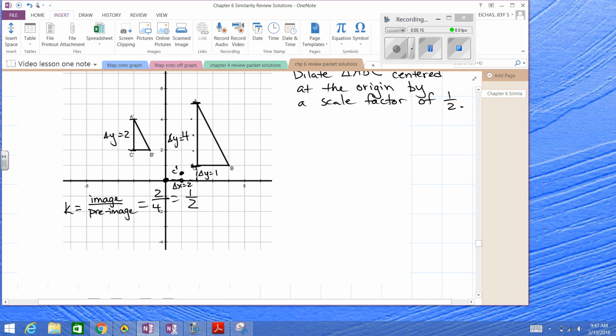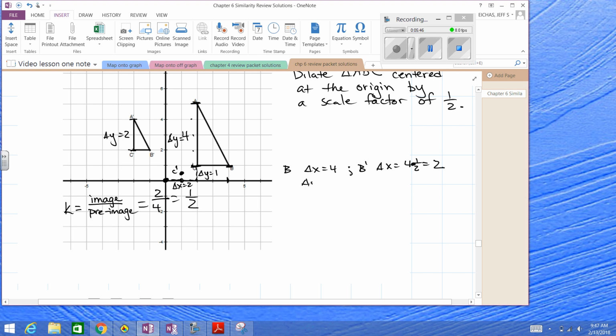Not great, but we'll just have to do it this way. There's probably a better way, but this is just the way I decided to do it. Same thing with B. It's 1, 2, 3, 4 to the right, and 1 up. Change in x is 4, times a half.